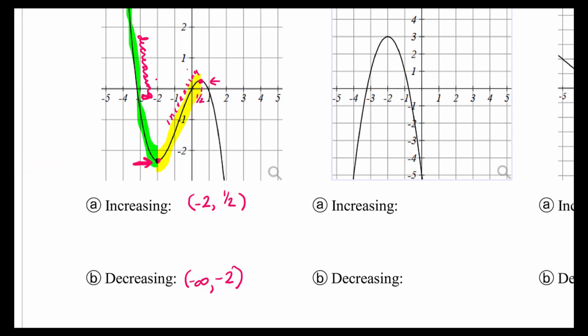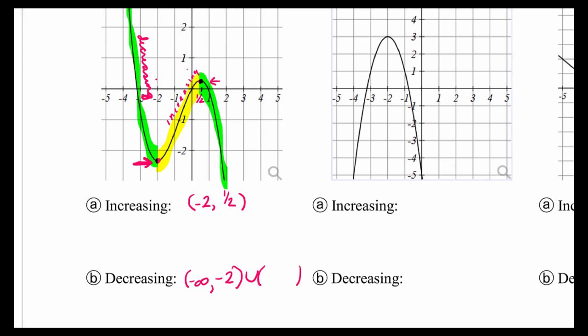We have one other interval where the function is decreasing, don't we? That would be this right there, that portion of the graph. It gets its own interval notation, and usually we will put a union in between the two. So I'm going to sneak it in here.